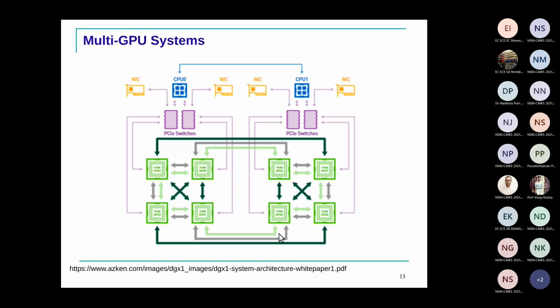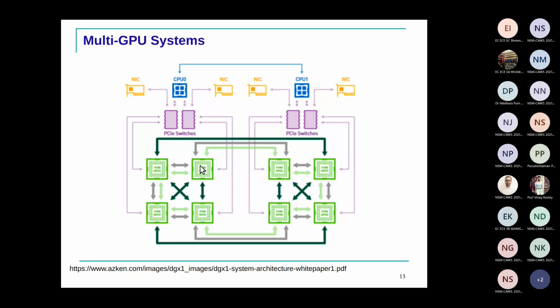These GPUs are internally connected using a high bandwidth interconnect called NVLink, and then GPUs and CPUs are also connected using PCI Express switches that you can see here. If one GPU needs to communicate data with another GPU, then you can use the NVLink interconnect to transfer the data using high bandwidth. So when you have multiple GPUs, you can accommodate more and more data and process the applications.